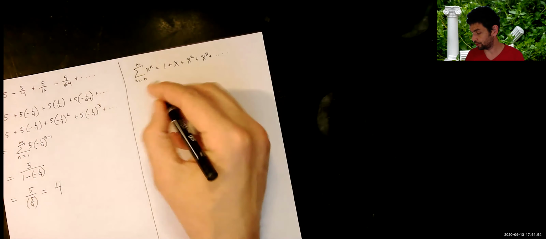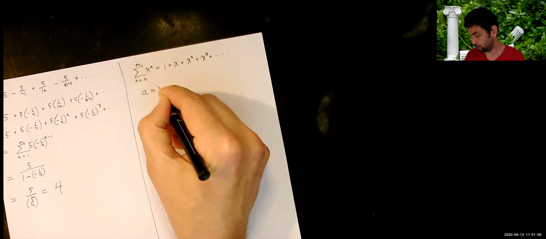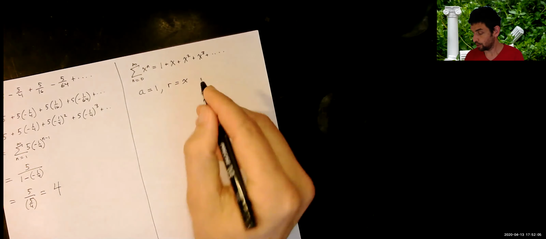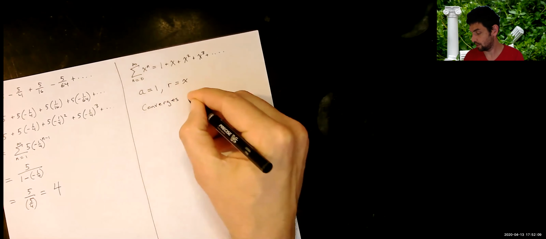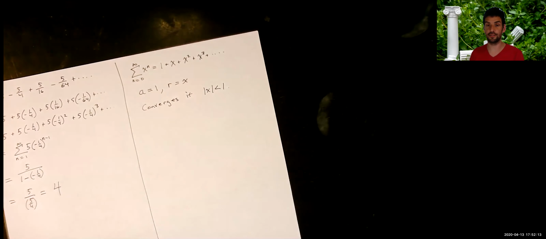Notice this again is a geometric series. It's a geometric series where the constant is 1 and the ratio is equal to x, which means this converges if the absolute value of x is less than 1.